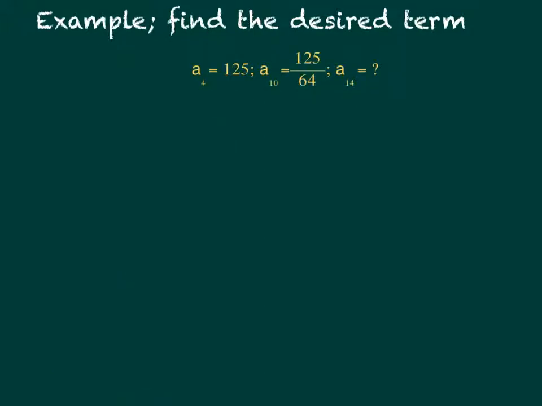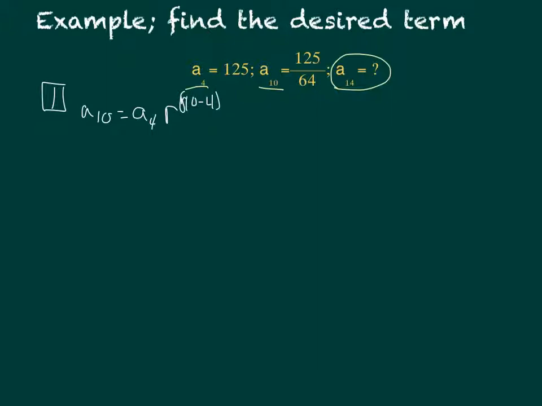For this last example, we are not given a sub 1, so we're going to have to manipulate what we know, which is a sub 4 and a sub 10, in order to get what we want, which is a sub 14. So the first step is to find our common ratio. So we're going to use a sub 10 equals my a sub 4 times my r to the power of 10 minus 4.